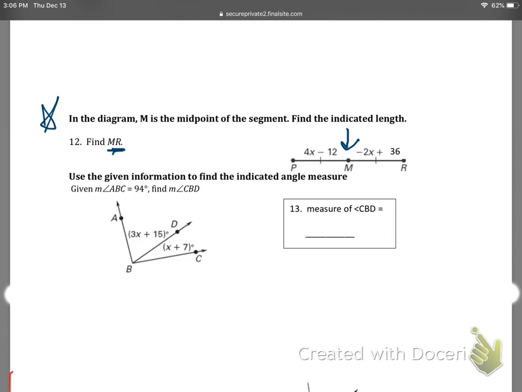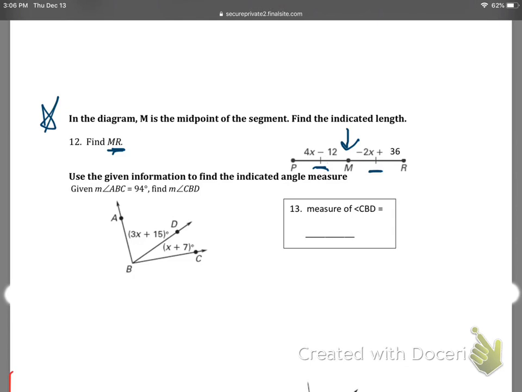MR equals negative 2x plus 36. I don't know what x is, so I can't find that. I'm also noticing that they did some decorating for us. These little hash marks right here and right here are telling us that those segments are equal.